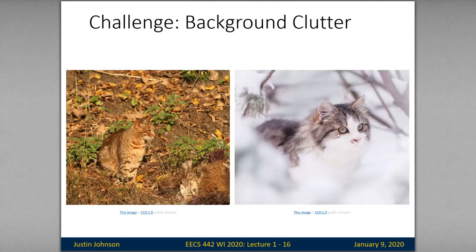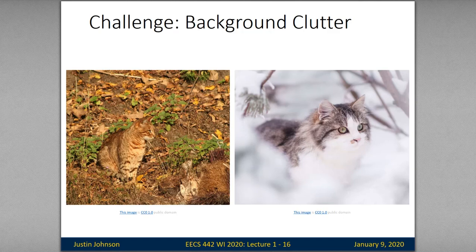Then for recognition problems, it's also really challenging for a computer to know where in the image objects are. And in some cases, it's really difficult to distinguish the borders of the object of interest.